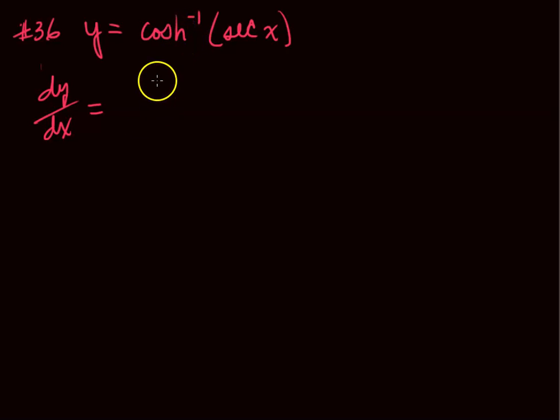It's 1 over the square root of u squared minus 1, and u is the secant, so secant squared x minus 1, times the derivative of the secant, which is secant x tangent x.